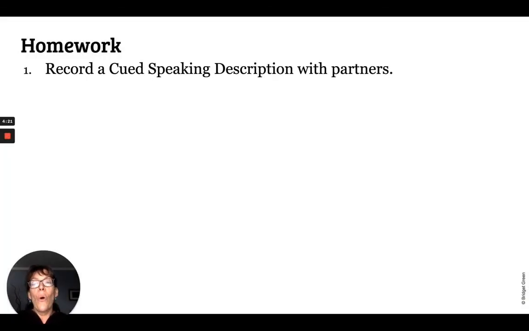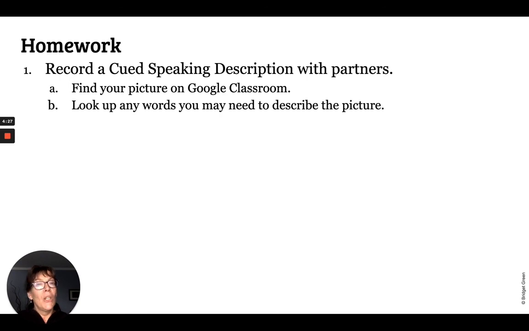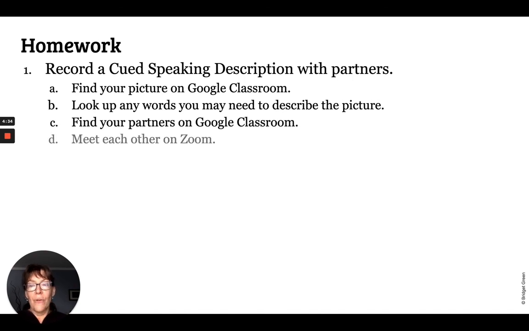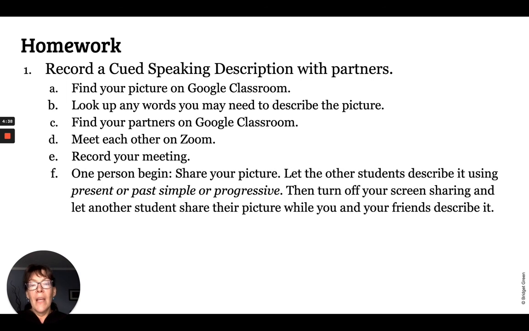I want to remind you of your homework. You're going to record a cued speaking description with your partners. Find your picture on Google Classroom. Look up any words you need to describe your picture. Find your partners on Google Classroom. Meet each other on Zoom and record your Zoom meeting. Then one person shares a picture and the other students will describe it using the present simple or progressive, the past simple or progressive.